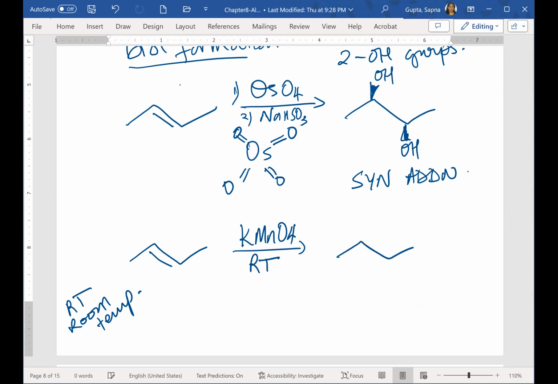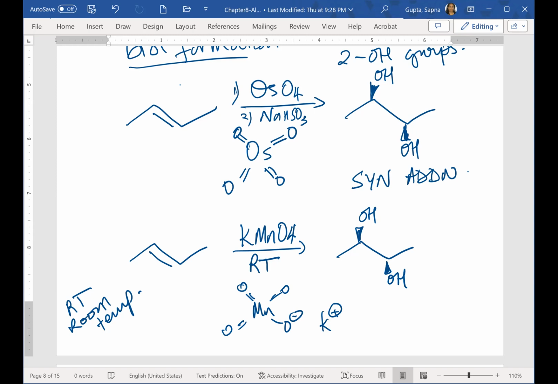And you will get the same product, also syn addition. So KMnO4 is the same kind of thing where you have Mn and oxygen, oxygen, oxygen, oxygen. The potassium is right here. So you get a similar kind of syn addition, okay?